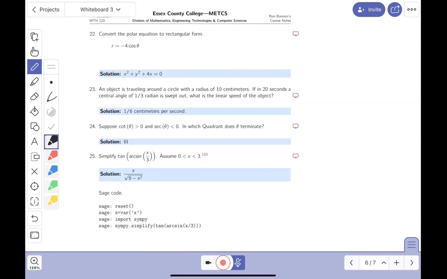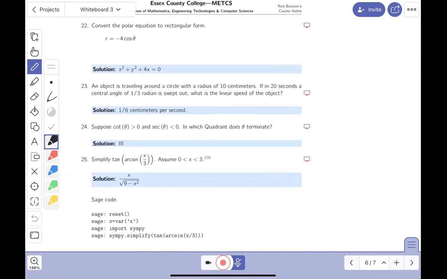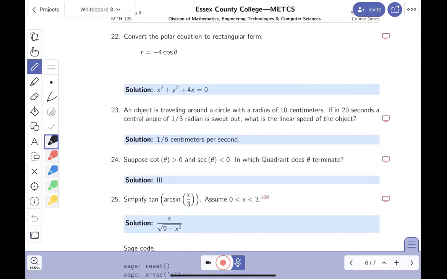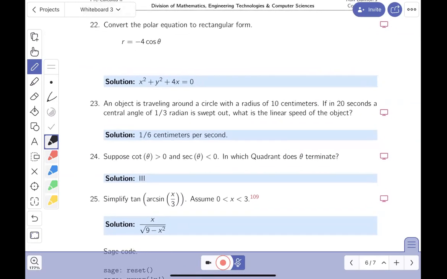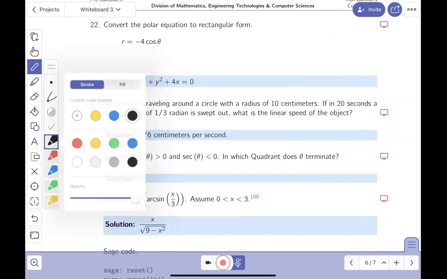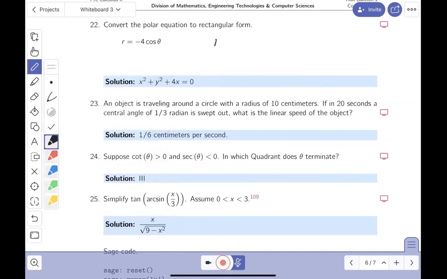And 22 says, convert the polar equation to rectangular form. All right, I think I can do it. I'm going to multiply both sides by r, and what do you get? R squared equals minus 4r times cosine of theta. Do I know what r squared is in rectangular form?